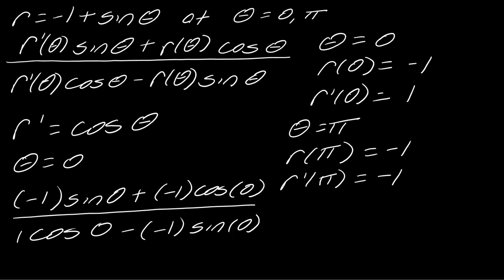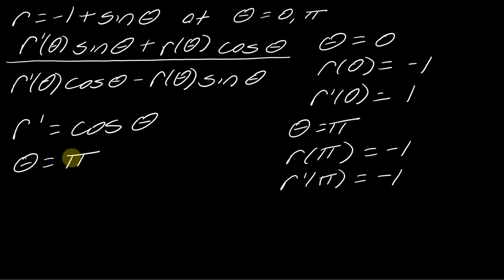Okay, and so if I just evaluate these different pieces, this is going to come out to -1 over 1. So that's just going to equal -1. So when theta equals 0, my m will be equal to -1, my slope at that value, okay? And so that's all we're being asked to do with this. So let's clear some space and let's do it again.